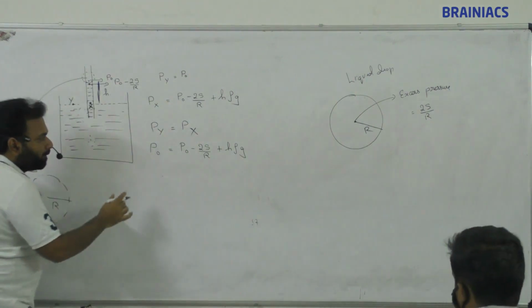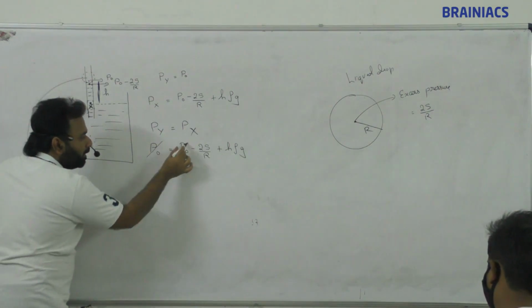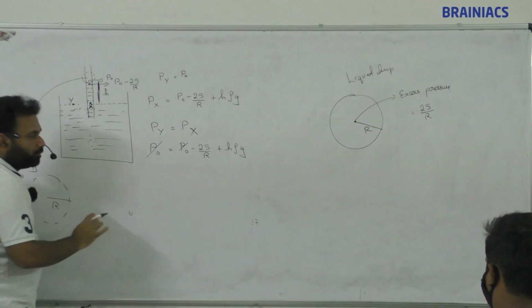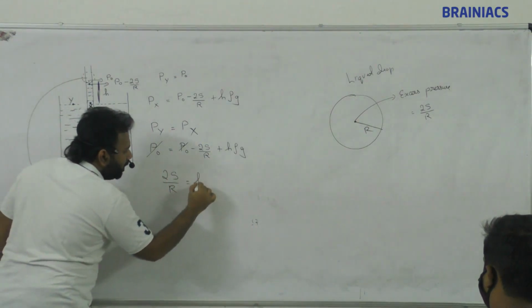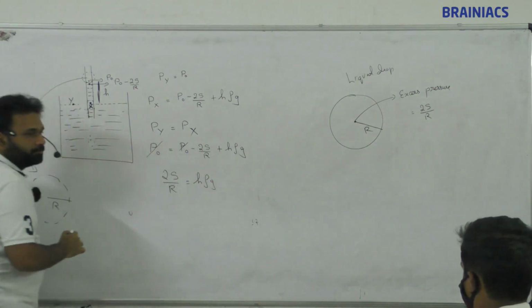The P naught cancels. So 2s by R is equal to h rho g.